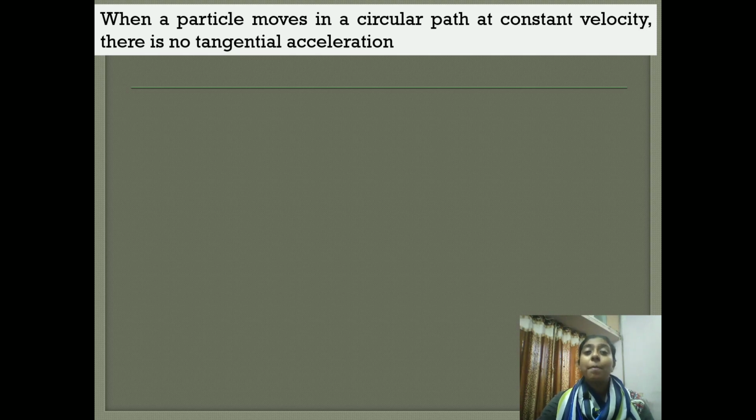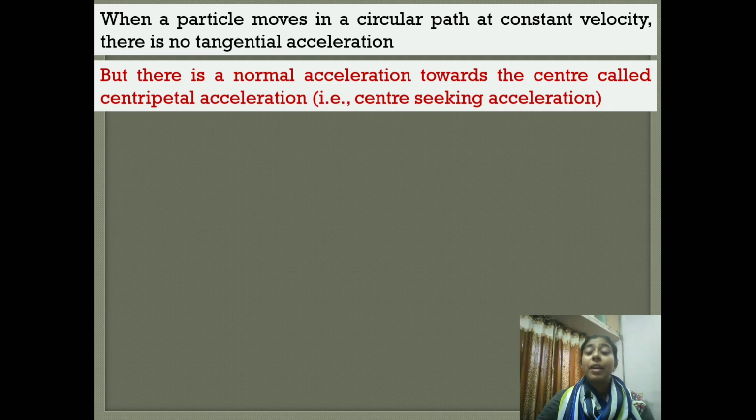Now, when a particle moves in a circular path, or a curved path, with constant velocity, there is no tangential acceleration. But there is normal acceleration towards the center, the center of the radius of curvature, the concentric point you get when you extend this circular path.